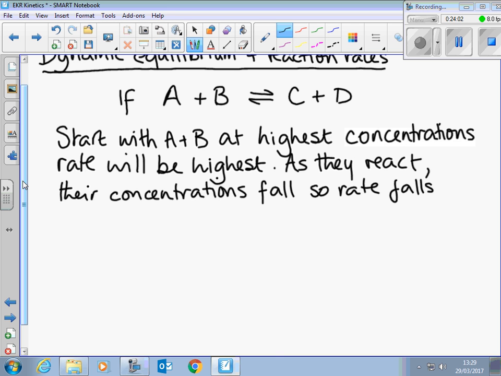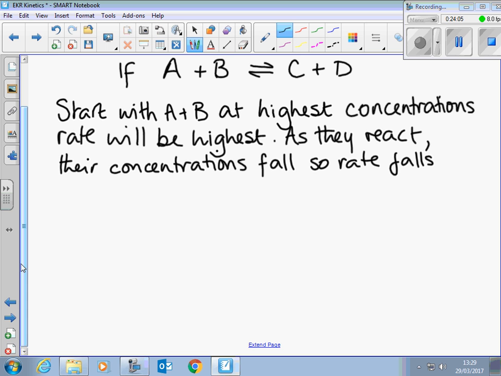So if you're going to plot that on a graph of rate against time, that sounds familiar, doesn't it? By changing the concentrations, you've made the rate fall anyway. But if you just started with one concentration and left it over time, then your rate of reaction, time is a relative thing, because obviously some reactions take place in fractions of a second, others might take years. So the rate is just going to do that.